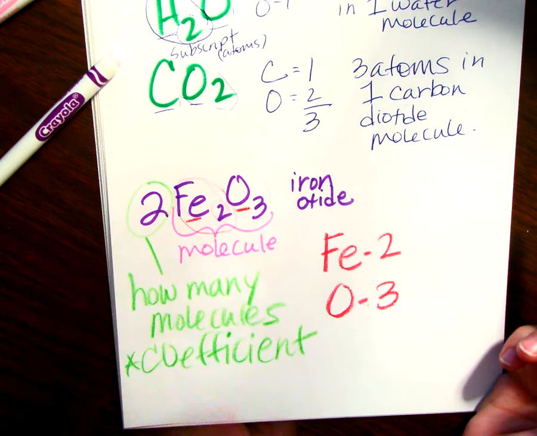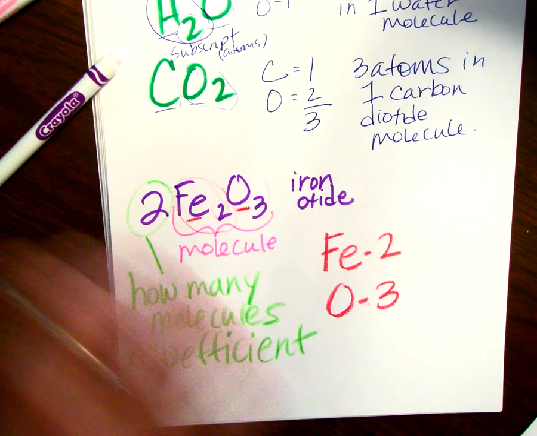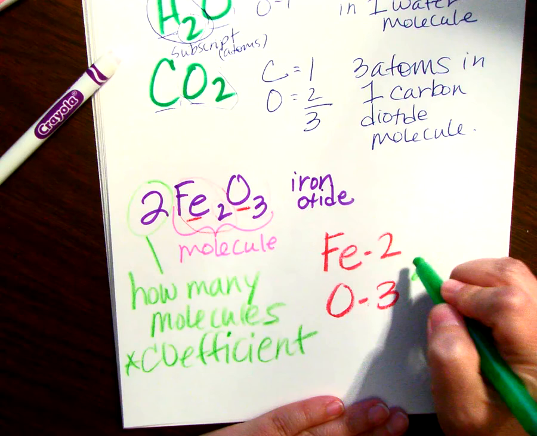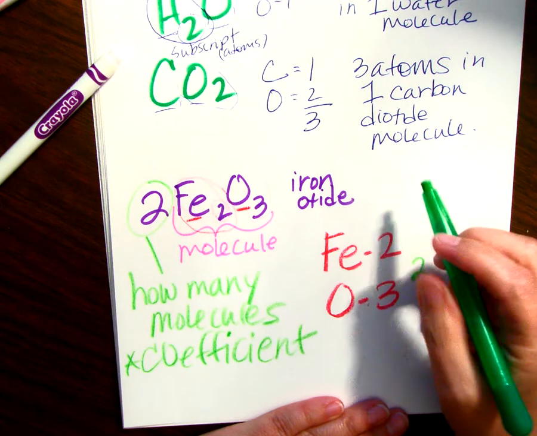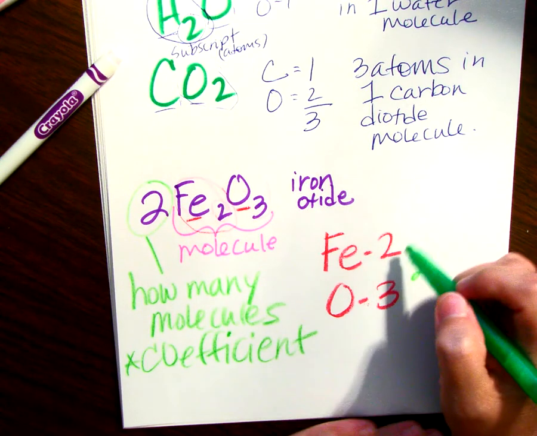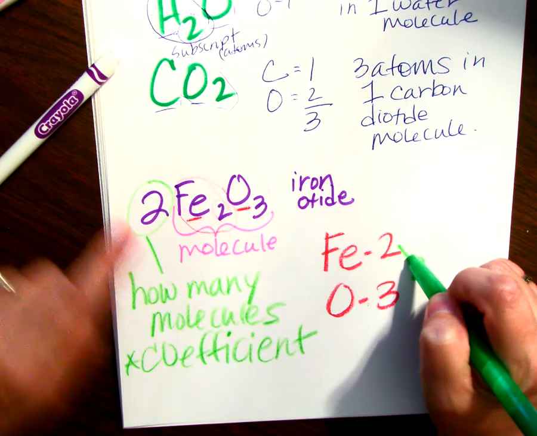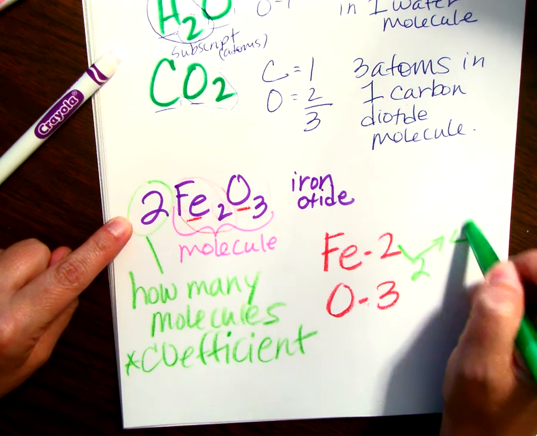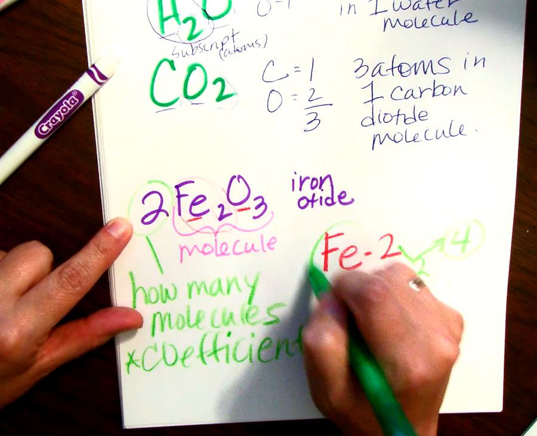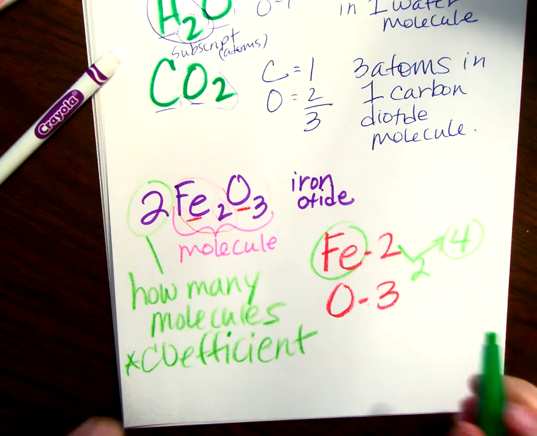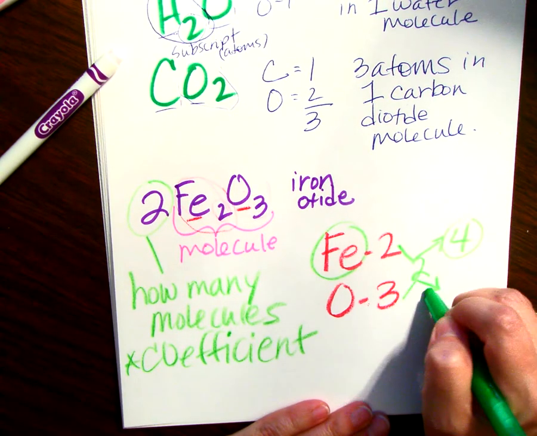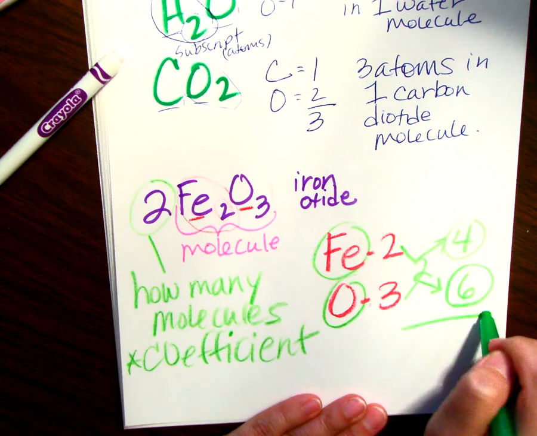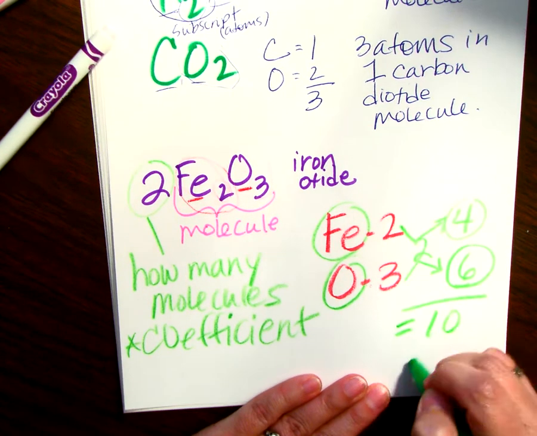So everything's doubled because there's a 2 in front of it. 2 iron atoms multiplied by the coefficient 2 means there's now going to be 4 atoms of iron. 3 times 2 means that there's 6 atoms of oxygen, for a total of 10 atoms.